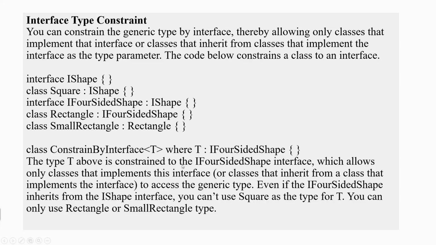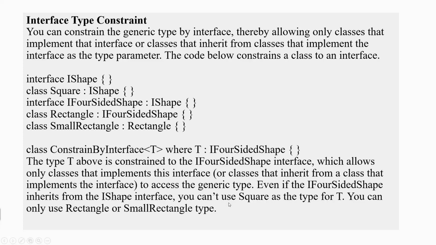The type T is constrained to the I4SidedShape interface, which allows only classes that implement this interface. Please hear this word again and again: only classes that implement this interface, or classes that inherit from a class that implements this interface, or any other class which is derived from the constrained-by-interface base class, can access the generic type.